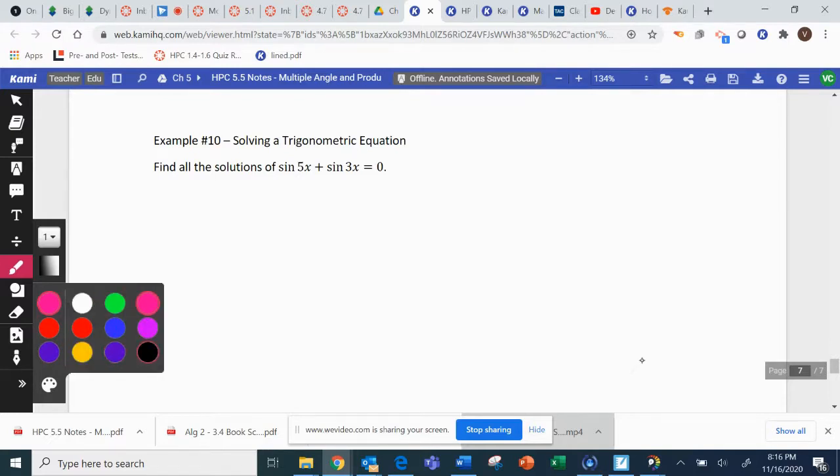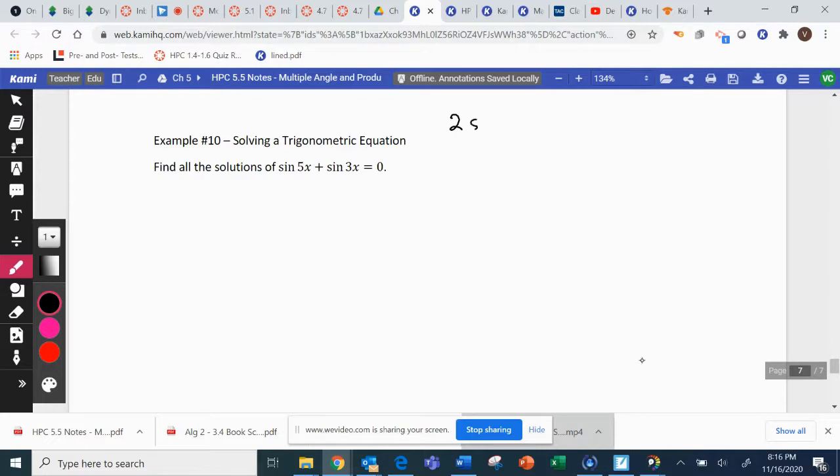I'll just write the equation right up here. You can look it up in your book or in the notes above, but I have it off to the side, so I'm just going to write it: 2 sine of x plus y over 2, and then cosine of x minus y over 2.